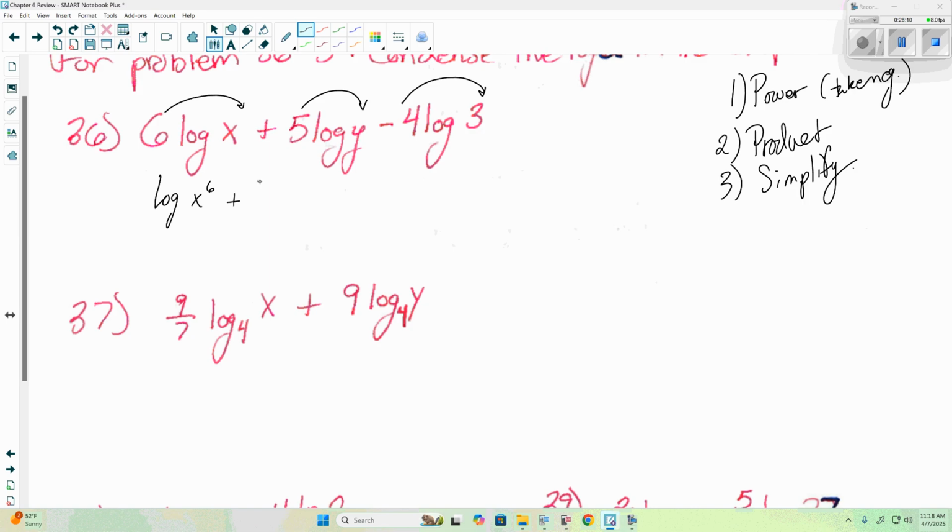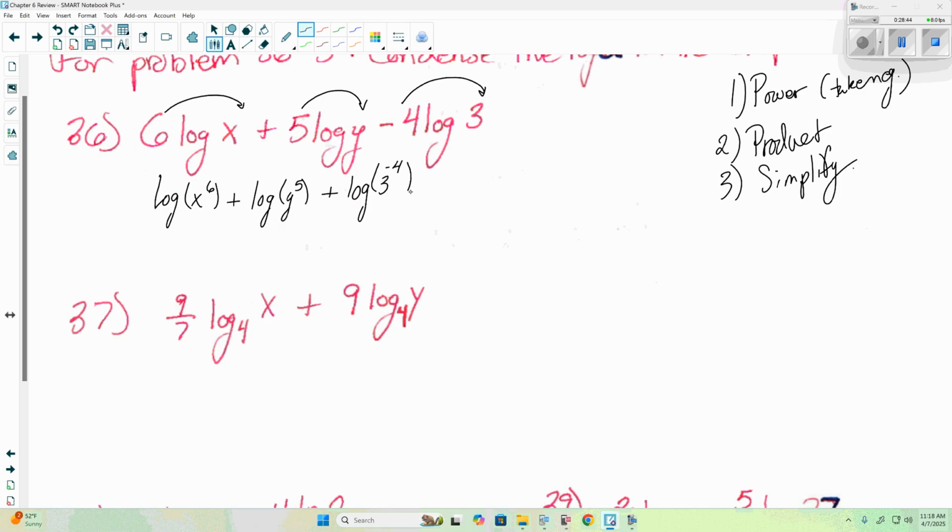Plus, we take the 5, giving us log of y to the 5th. Now the next one is negative 4 log of 3, plus log of 3 to the negative 4th. If there's a negative in front of that number, just a negative in front of the log, we're taking the number and the negative with it. Questions on the first step?